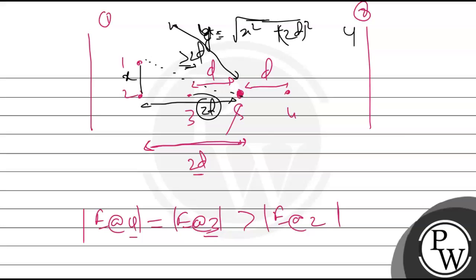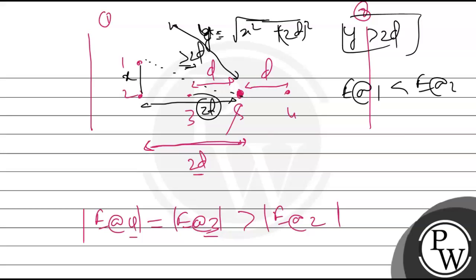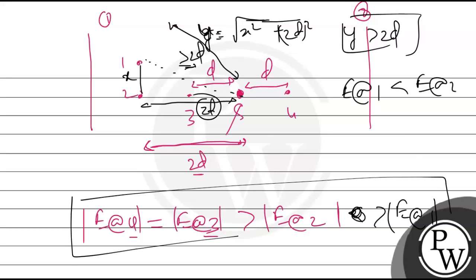From here we can say that y is greater than 2d. Therefore, the electric field at 1 will be lesser than the electric field at 2. The electric field at 2 will be greater than the electric field at 1. So this is the order of the electric field at these points.